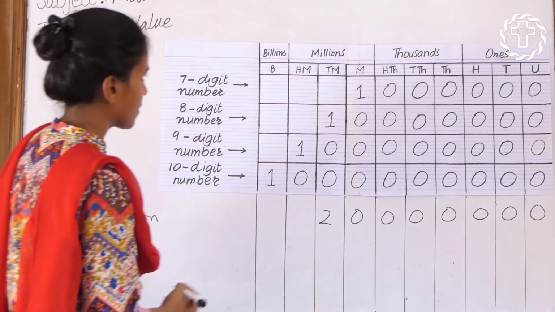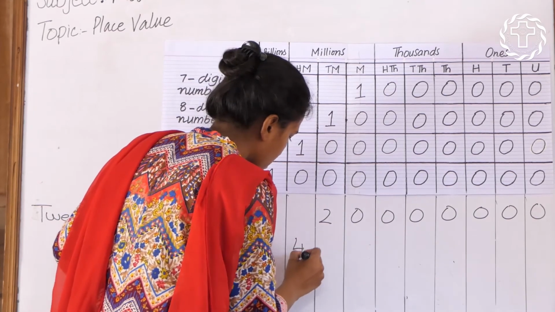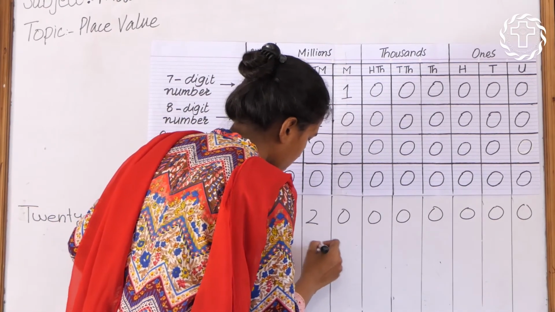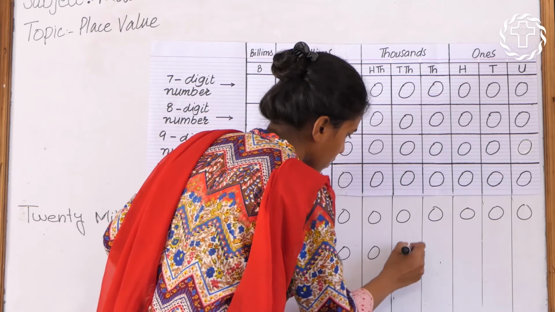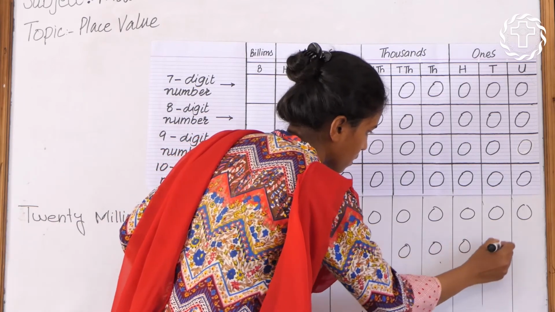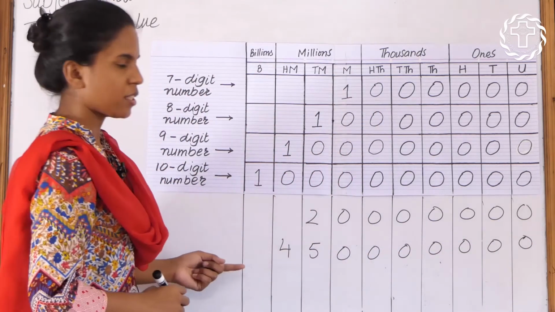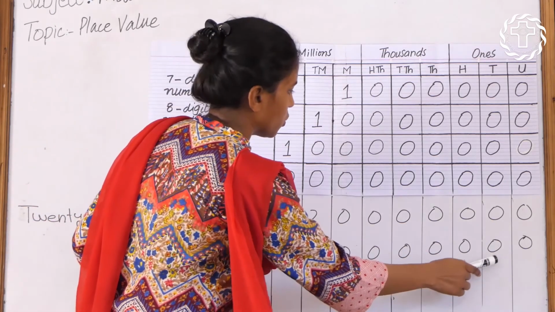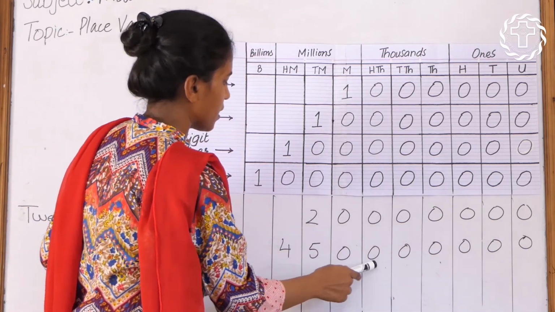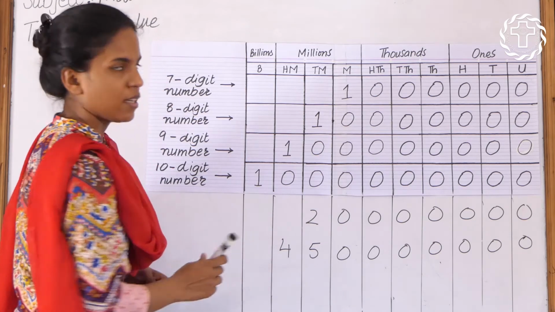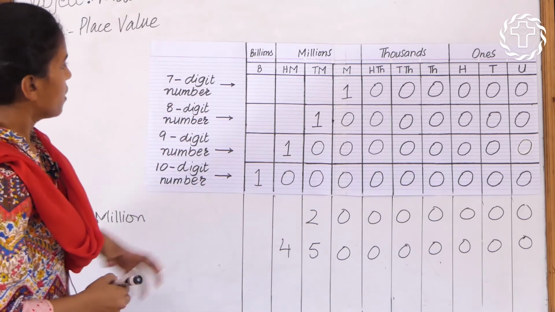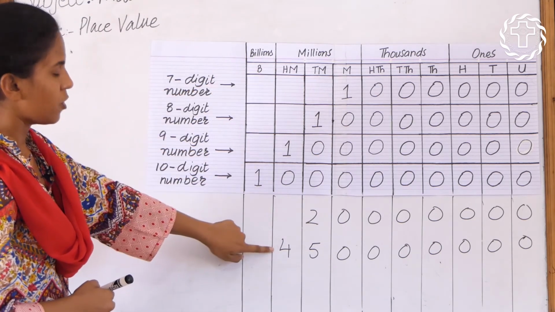The second example. How many digits does it have? 1, 2, 3, 4, 5, 6, 7, 8, 9. It has 9 digits. So its value is 100 million.